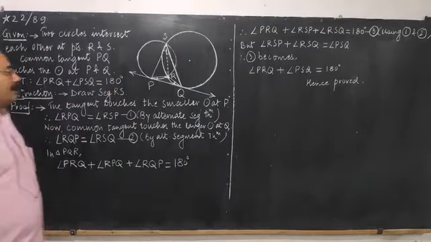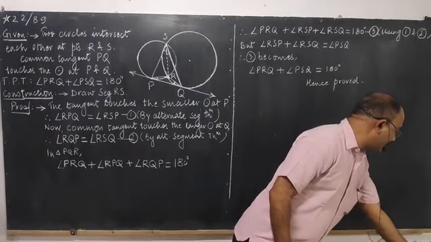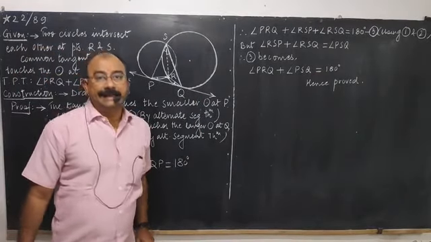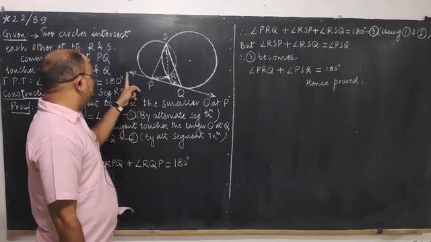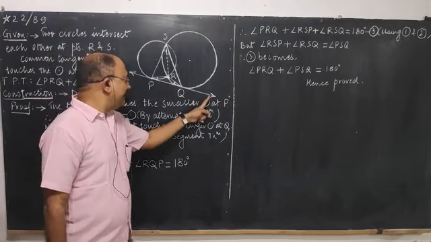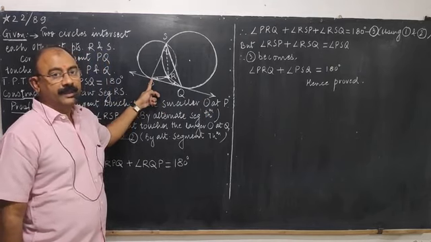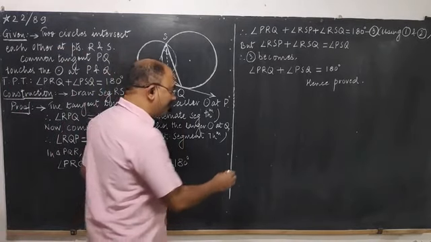Okay. So we start with the proof. Let us consider one circle at a time. In the smaller circle, line PQ is touching the circle at Q. So we have studied a theorem. Let me explain that theorem which we are going to use here.